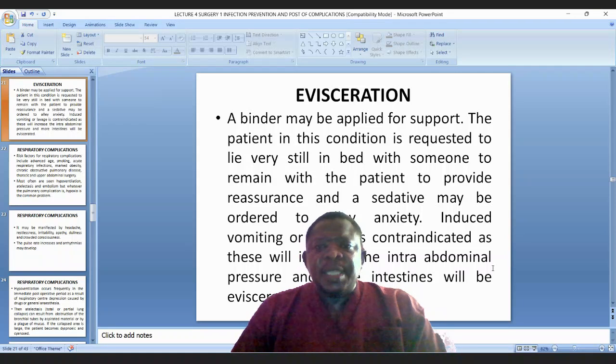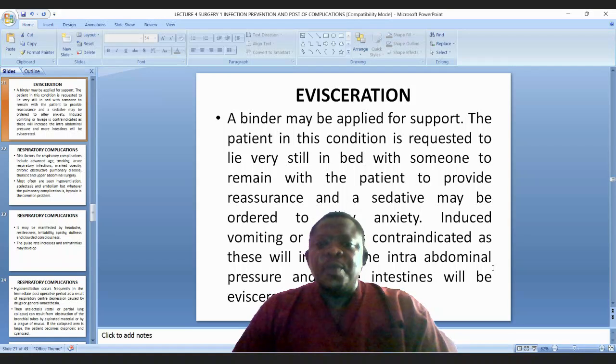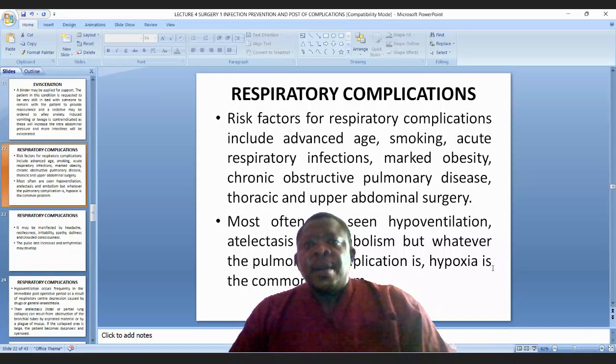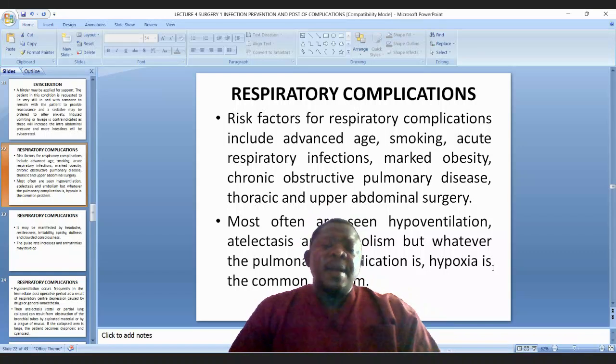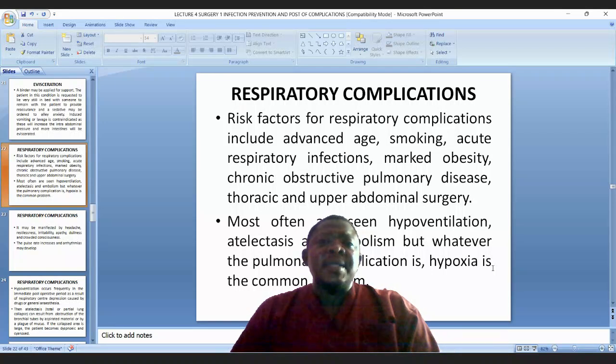Induced vomiting or lavage is contraindicated as these may increase intra-abdominal pressure and more intestine may eviscerate.